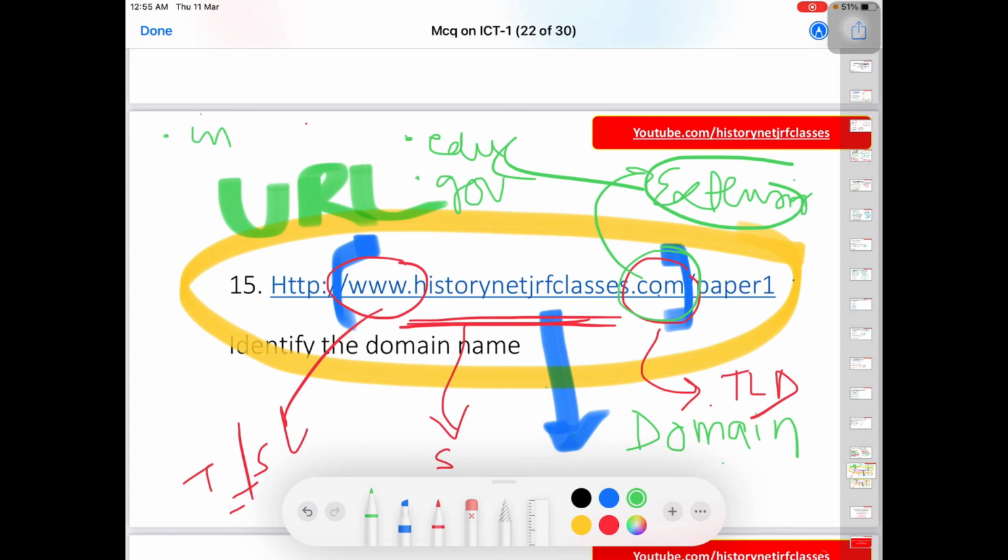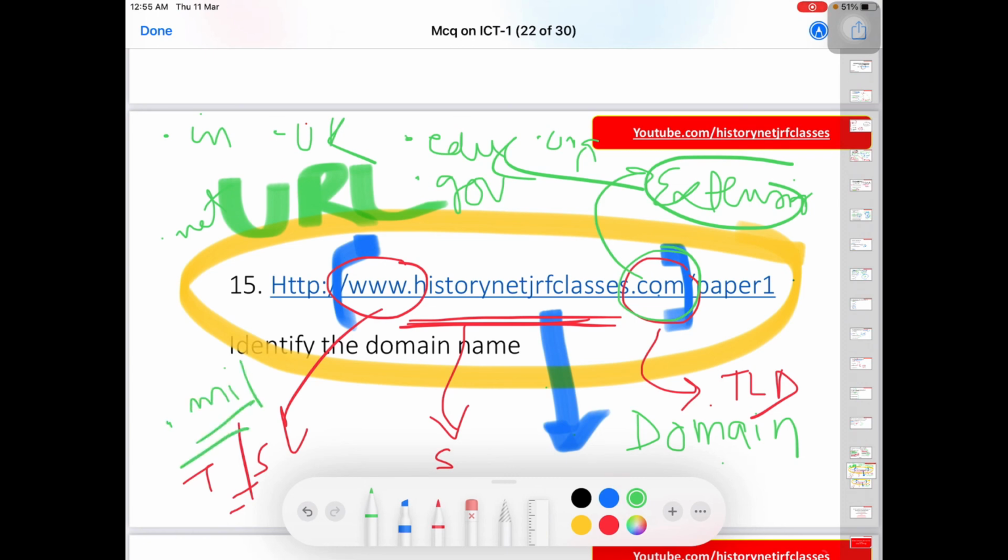For India it's .in, .uk for the United Kingdom. Similarly you can have .org for any kind of organization, .net, then .mil for military. So these are the extensions.